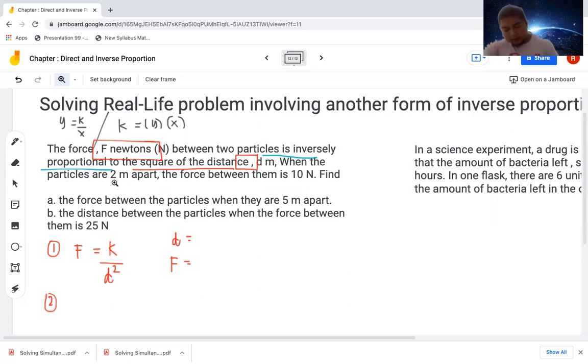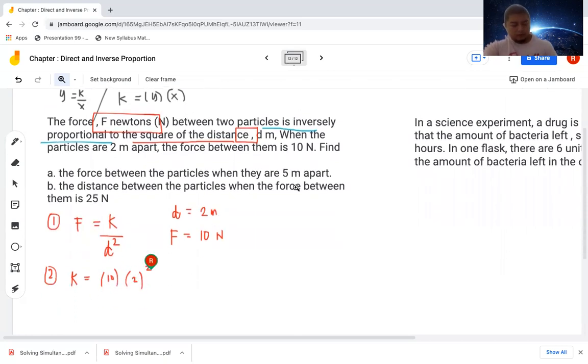So that means that the 2 meters in particular refers to the distance, and the force between them is 10 N, which means that this particular value refers to the force. So in this case, finding the value of k will now be a calculation of force, which is 10, times the square of the distance, which eventually will give you 40.